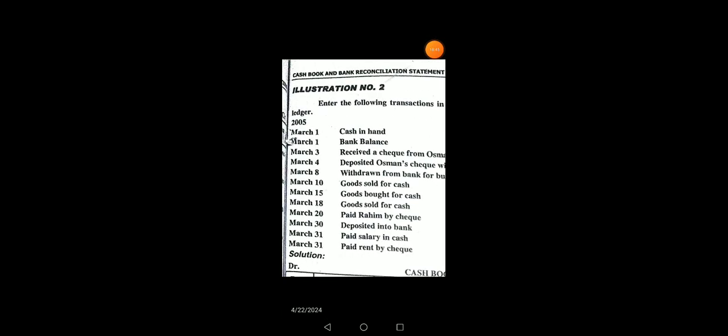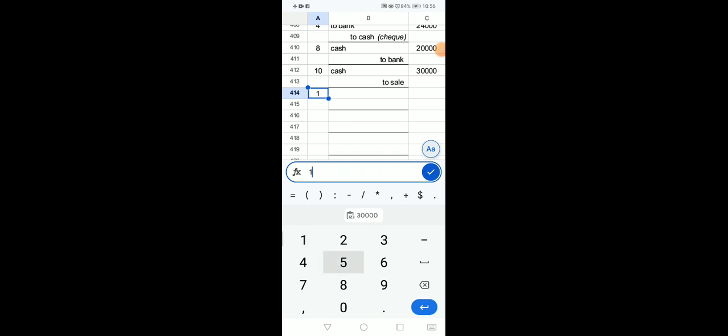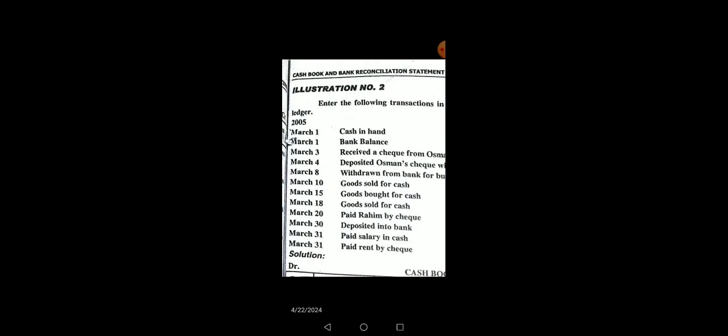Now let's see what is next for us. After 10, we have entry number 15. So first we will mention the date 15 in the date column, and entry number 15 is saying goods bought for cash. Earlier we were doing goods sold for cash, and now we have goods bought for cash.